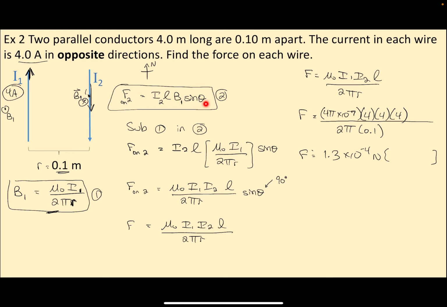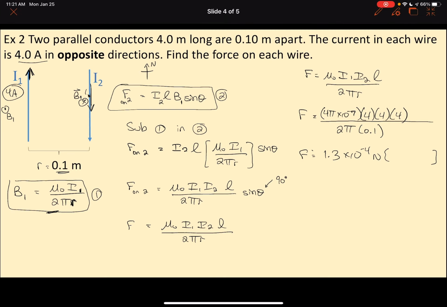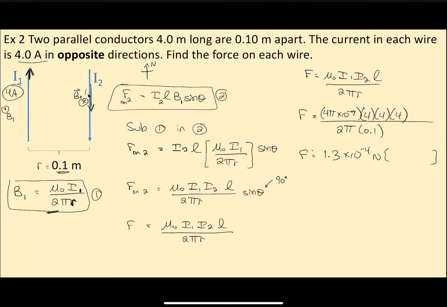Using right-hand rule number 3, the current of wire 2, again conventional current, is going straight south. So I'm going to point my thumb straight south. The B field is straight into the screen, so the fingers of your right hand are pointing into the screen. The force then is going in this direction right here. I would say that is east. So the force is pushing east.